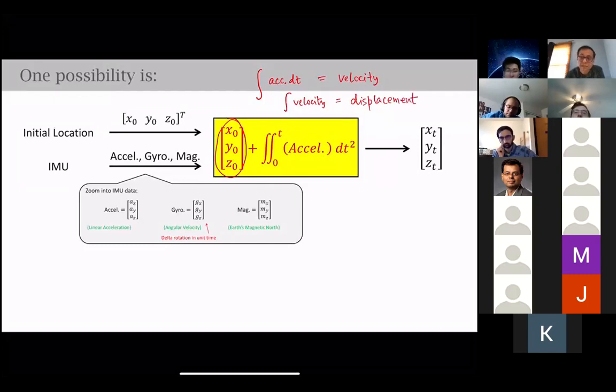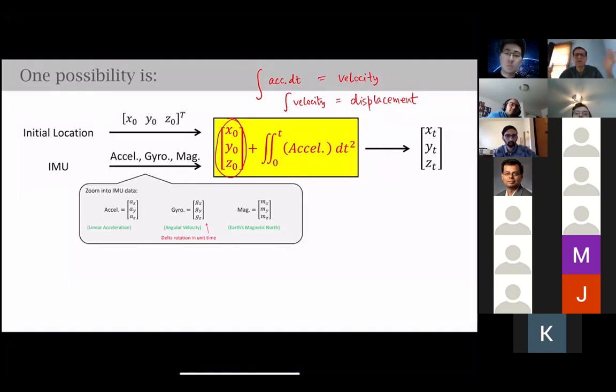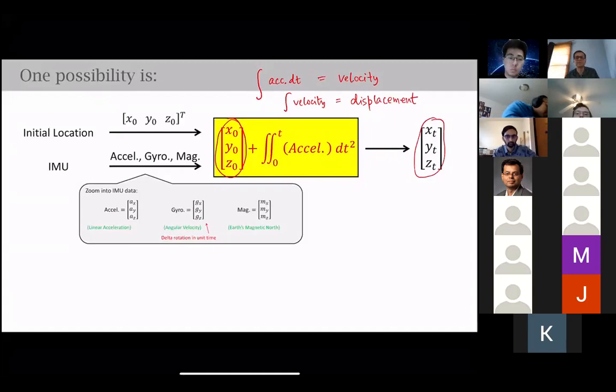And displacement is a vector. So I can double integrate acceleration, and I'll get my displacement from my initial location x0, y0, z0. Voila, I have my solution xt, yt, zt. As I get the accelerometer values, I will keep double integrating and I'll get the displacement. I can continuously track this object. Does this idea make sense?